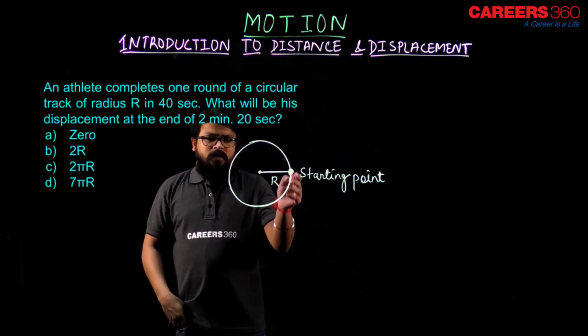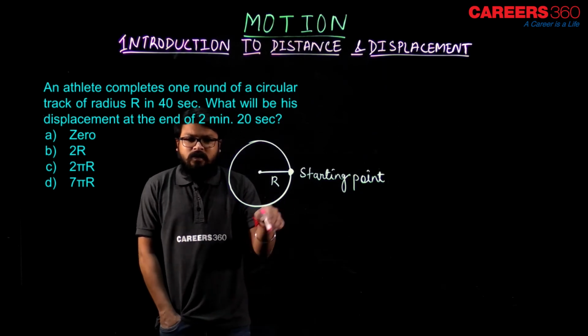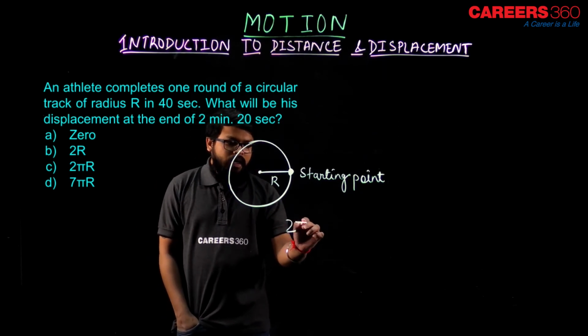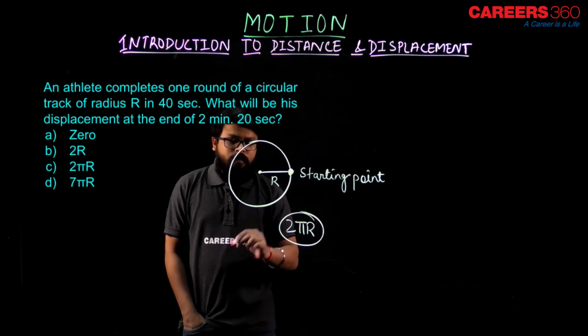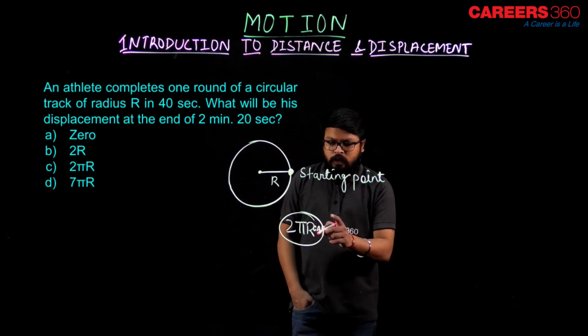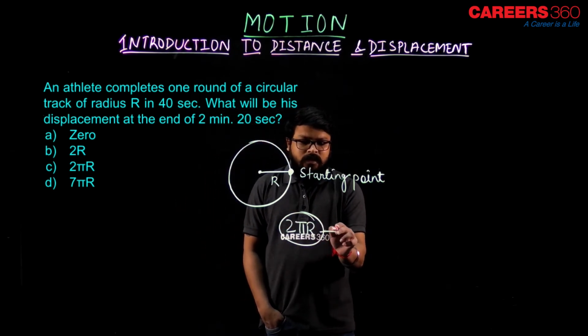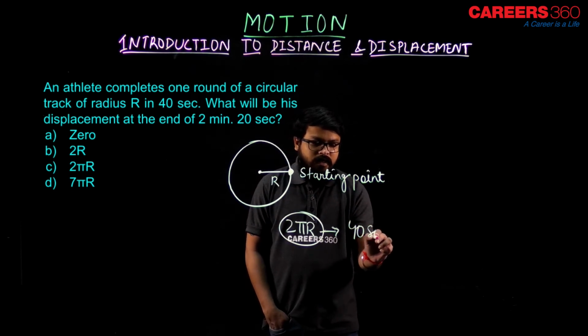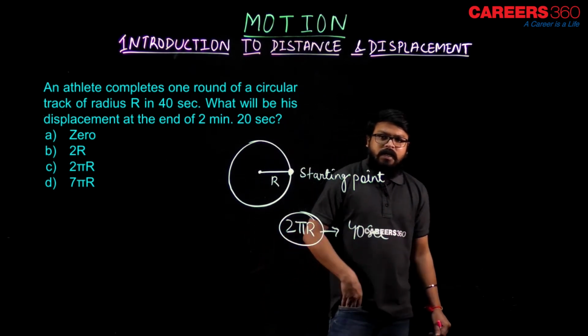So, we know the circumference or the length of the circular track would be 2 pi r, isn't it? So, in order to cover 2 pi r, it takes 40 seconds.